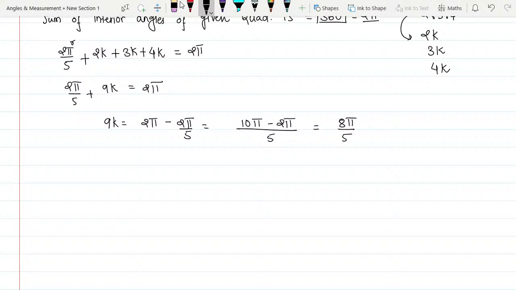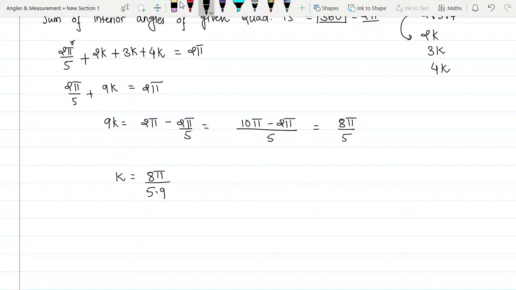So from this you can solve for k: k equals 8 pi by 9 into 5, which is 45. You can keep this as it is, or 5 into 9 in any way.